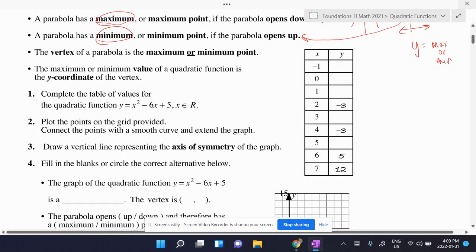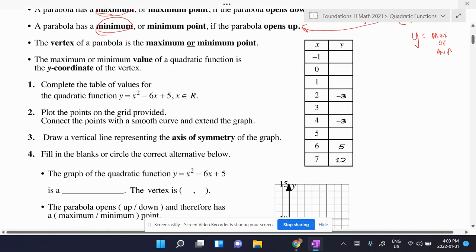Okay, so if we complete the following graph, you're going to take this number and you're going to put it in for all the x's here, there, and there, okay? So this is going to be y is equal to -1 squared. Don't forget you're squaring the negative as well.